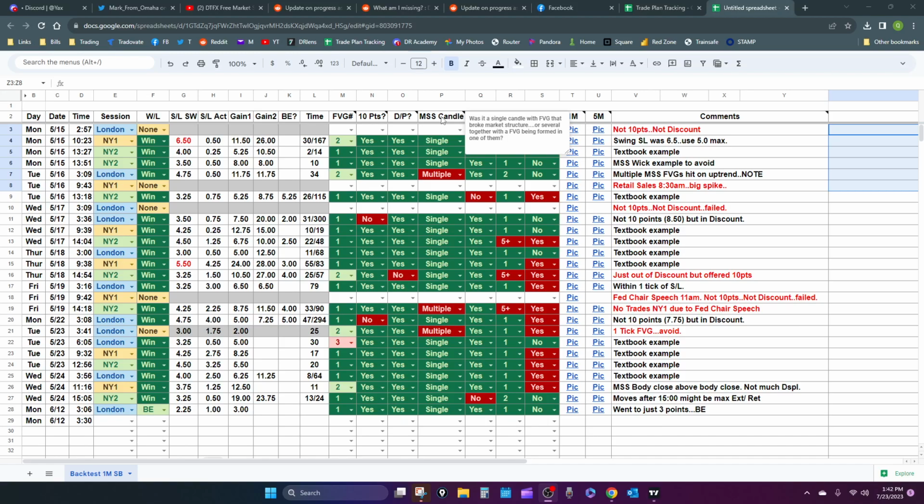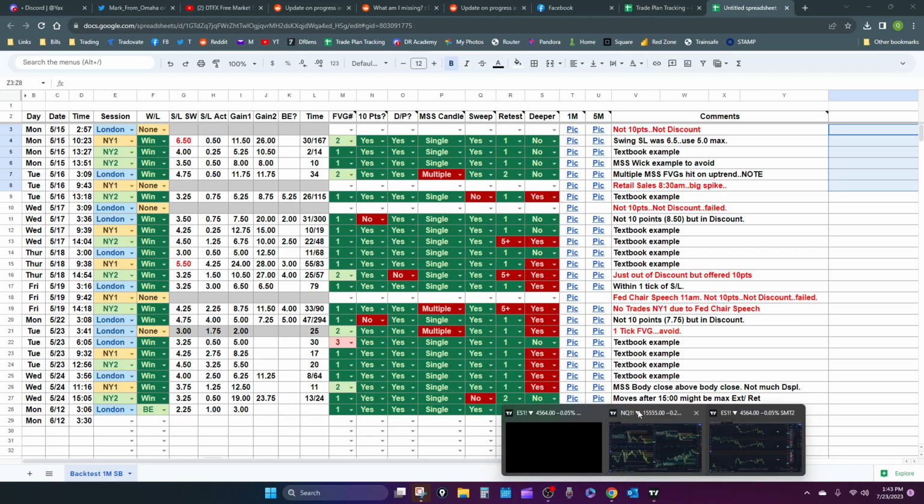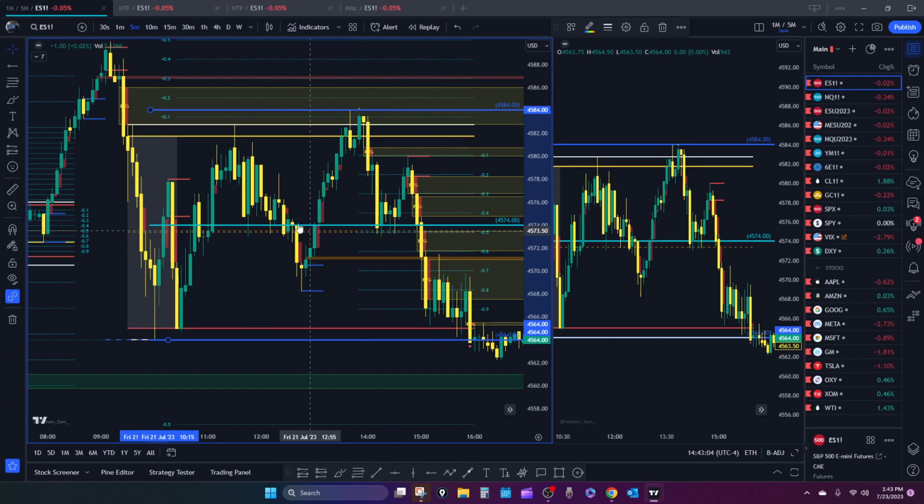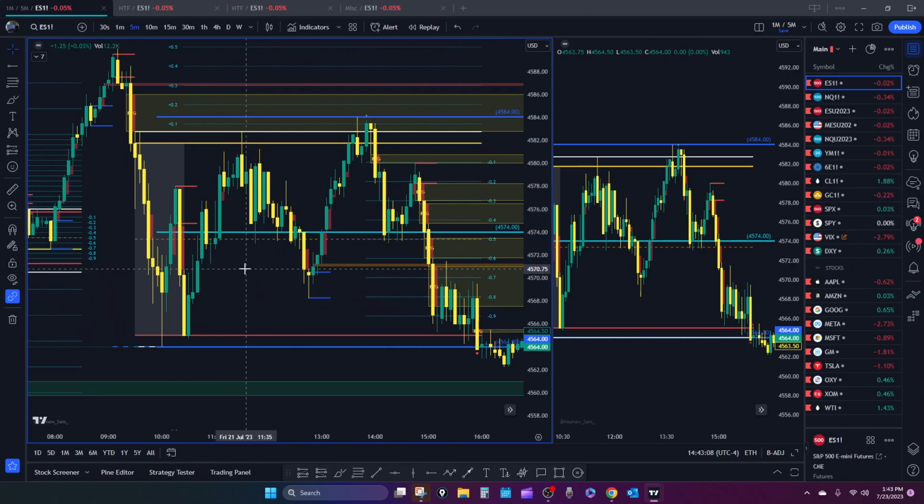So this one is the market structure shift candle. When I look at the market structure shift, to me there are strong market structure shifts and there are weaker market structure shifts. So in this particular instance right here, let's just say this is in a lower level. This is one single candle that broke the high and also created the fair value gap.